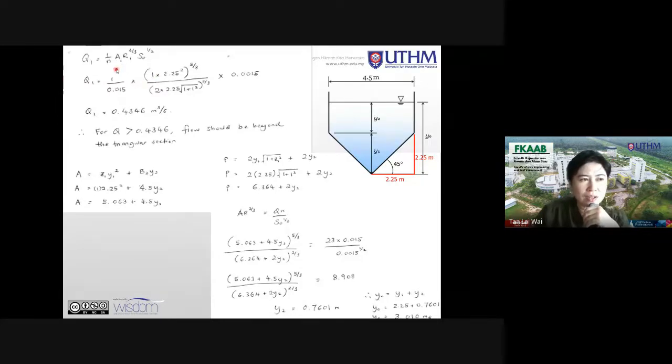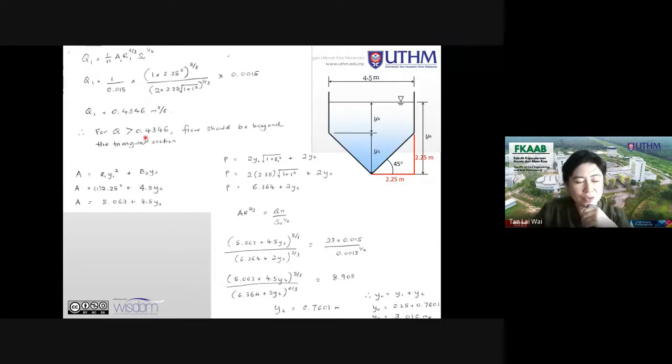Of course, for my flow area and my wetted perimeter, I just consider the triangular section. The discharge given in the question is 23 cubic.